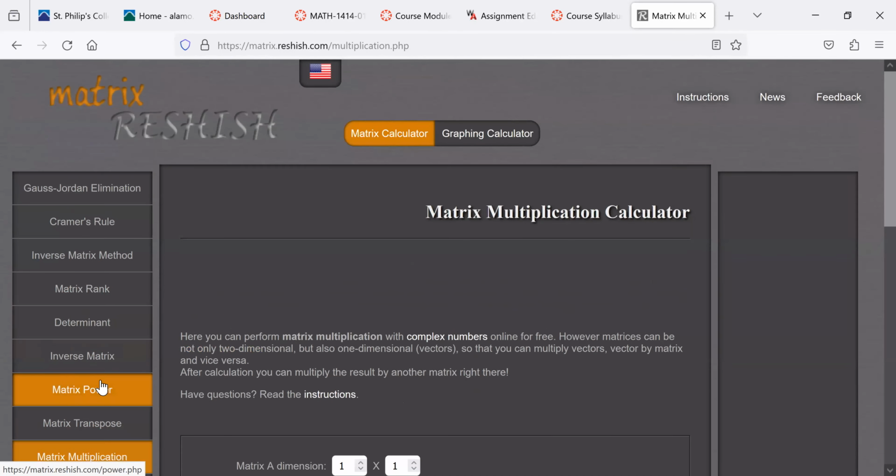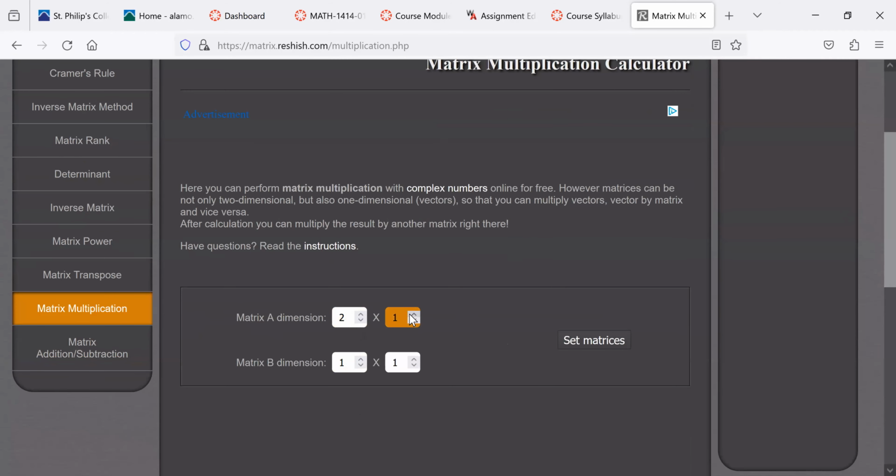Yeah, two matrix multiplication, we have two 2x2s.